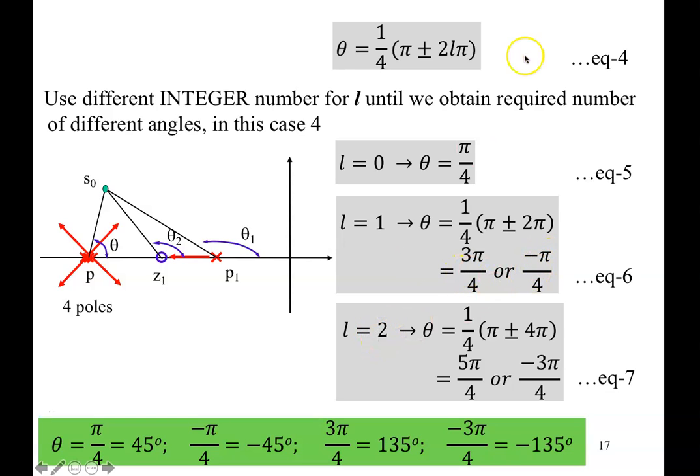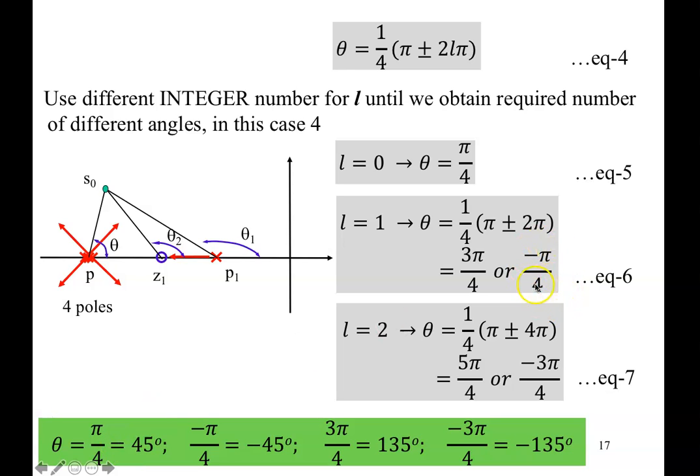L equals 2: this becomes pi plus minus 2 times 2 pi, so 4 pi. So I get 5 pi over 4 or minus 3 pi over 4. Now I need 4 different angles. I get pi over 4, that's 45 degrees.